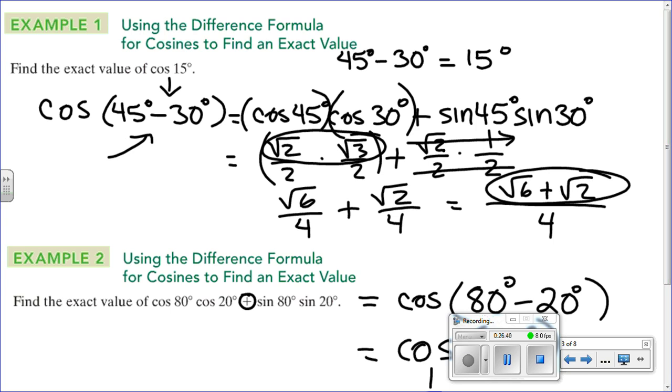And on example 2, if you look at the formula from your first slide, you're going in the opposite direction, from right to left. So they're giving you the first angle and the second angle. So this will be alpha and this will be beta. So you just have to figure out which formula they're talking about. In this case, it's the subtraction.